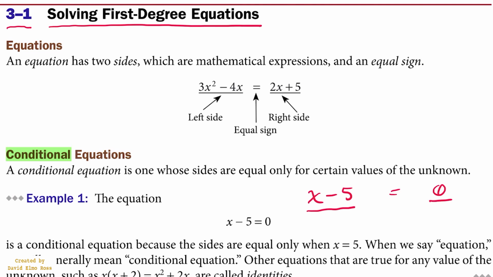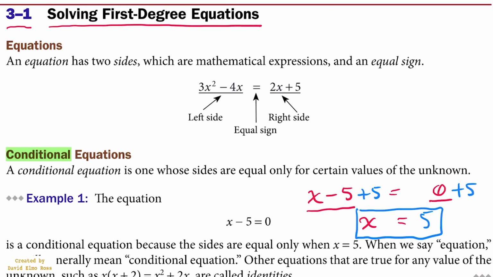Now, to keep the balance, if we want to add, say, 5 to this side, we also have to add 5 to this side. And by adding 5 to the left side and 5 to the right side, the balance is maintained. Now we can rewrite this as x, because minus 5 plus 5 is 0, so x equals 5. And this becomes the solution to a very simple first-degree equation.